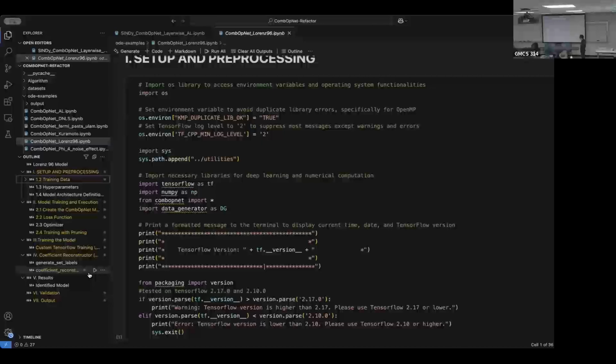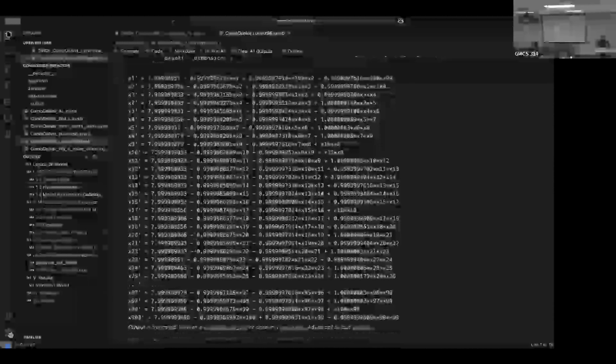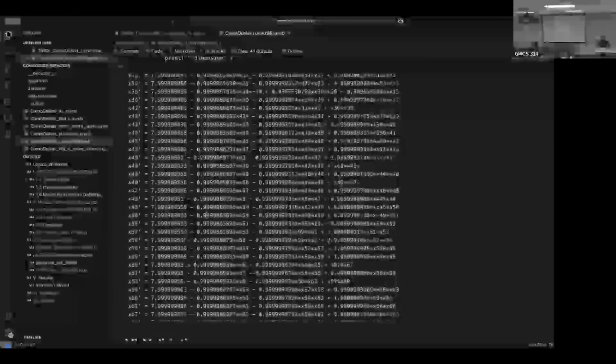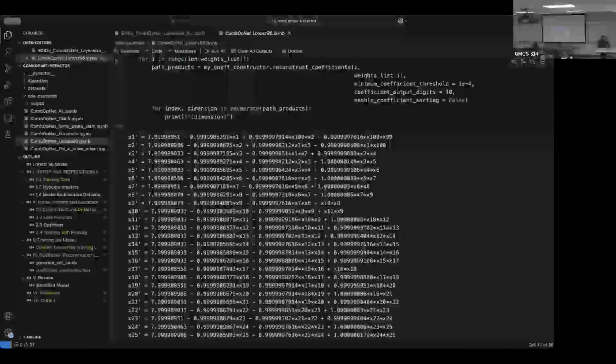Then you define your loss function and optimizer, and do the training with pruning. Then there's the step where you can do coefficient reconstruction, which returns the governing equations. Here you can see the 100 dimension Lorenz 96 system that we have tried, and this is the dynamical system we cover.